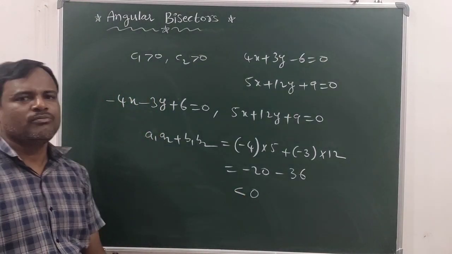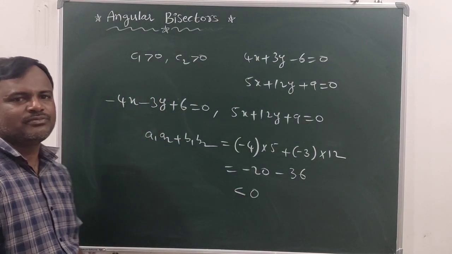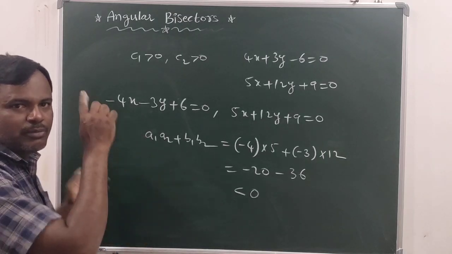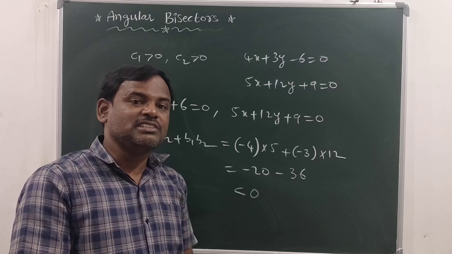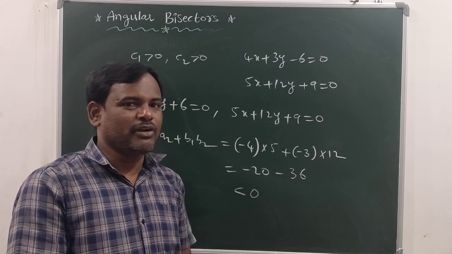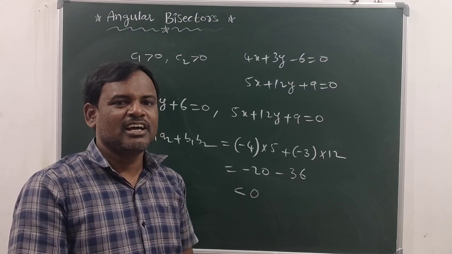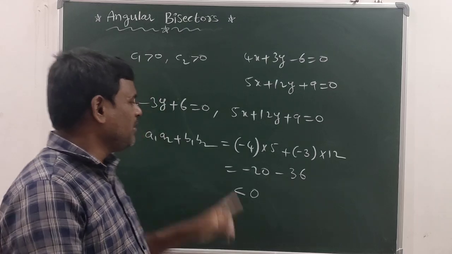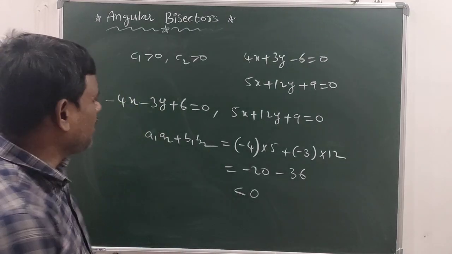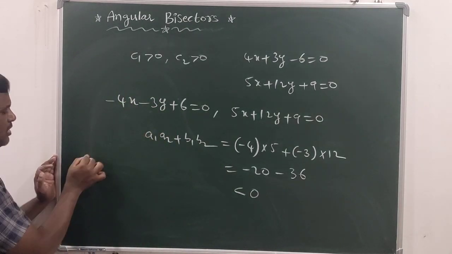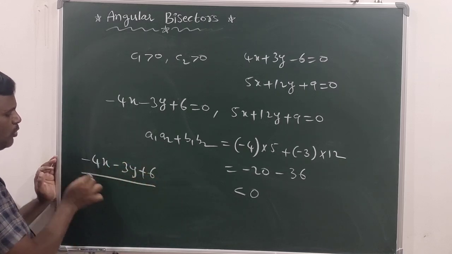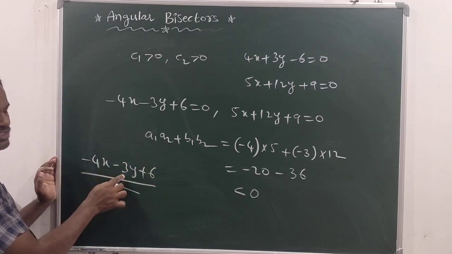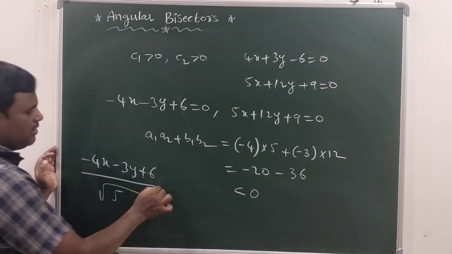Whenever it is negative, as I said in the beginning, plus indicates the acute angle bisector and minus indicates the obtuse angle bisector. We want the obtuse angle bisector. How do you get it? Here minus 4x minus 3y plus 6 whole by root of a1 square plus b1 square, which becomes 5.